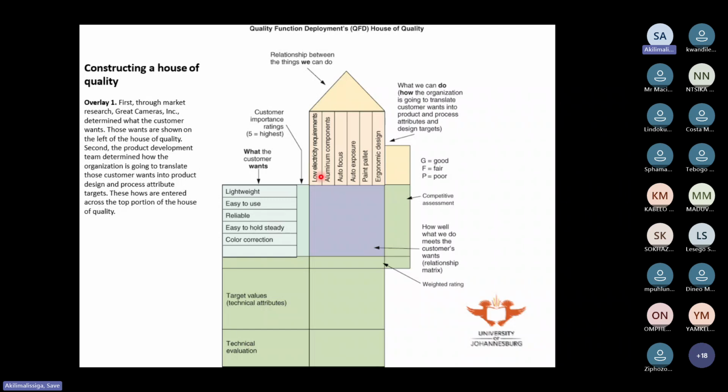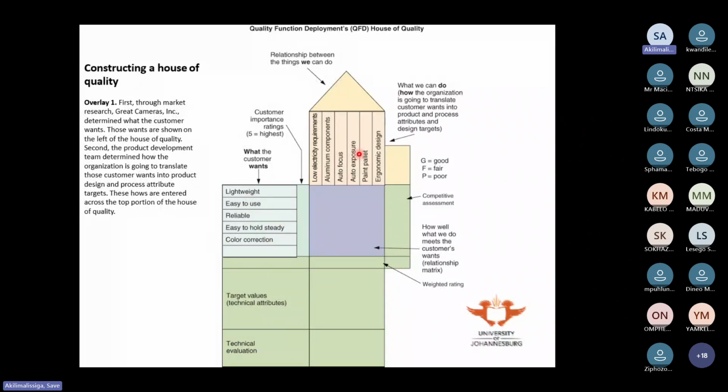So on this side here, we have, for instance, low electricity requirements. We have aluminum components, auto focus, auto exposure, paint palette, ergonomic design. And obviously, by looking at this, you can easily establish a relationship with some of the ones here.